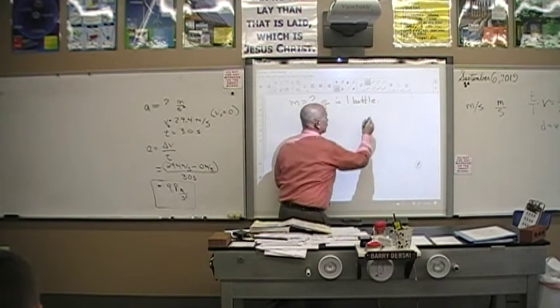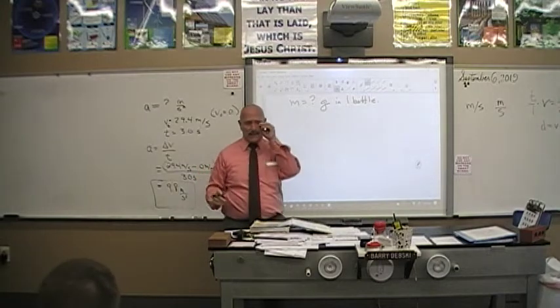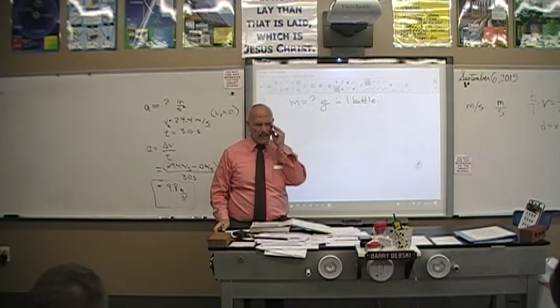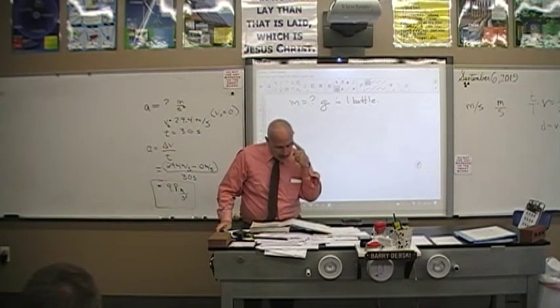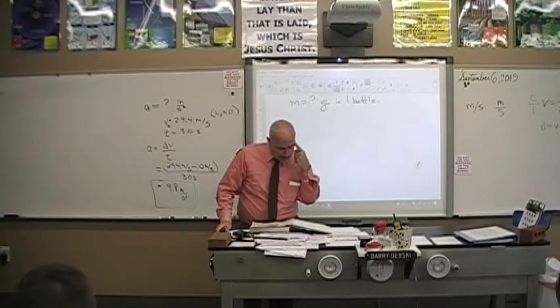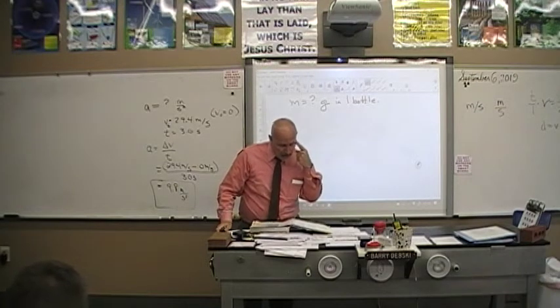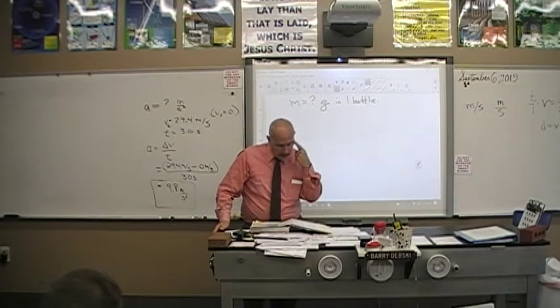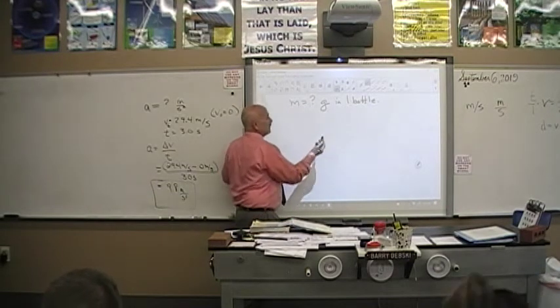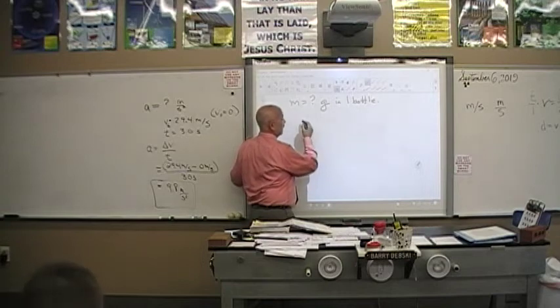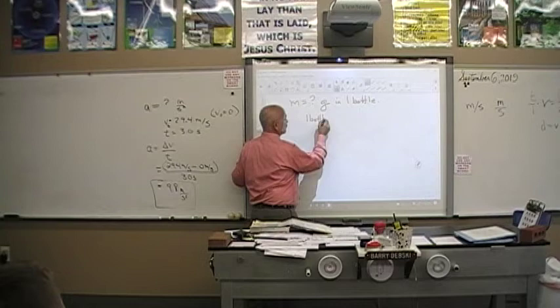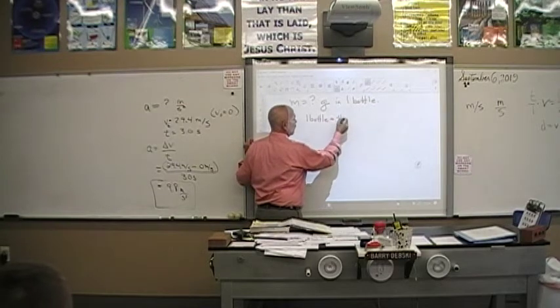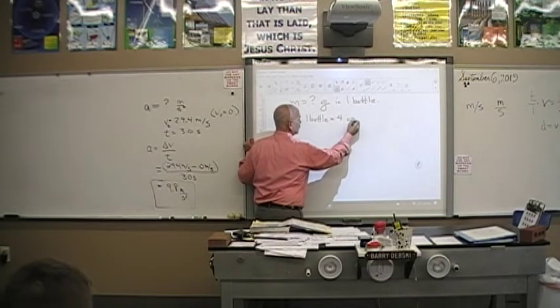Now this kind of problem is similar but different in a couple different ways. Let's see what we need to figure out. Number 1, that's what I'm looking for. Number 2, what do I know? 1 bottle is 4 fluid ounces. I need to write that down somewhere. So I'm going to say 1 bottle equals 4 ounces.